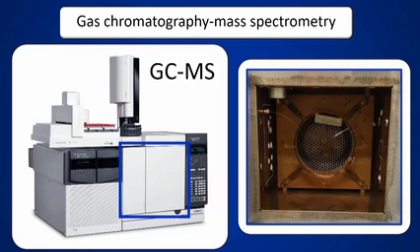The oven itself sits at 70 degrees, so everything that was in the gas phase at 270 will be stuck onto this sticky gum. Then all we do is raise the temperature of the oven, so small polar molecules will come off earlier, and larger, less polar ones will come off later, and they'll travel through this 40-meter long tube and then into the mass spec itself.